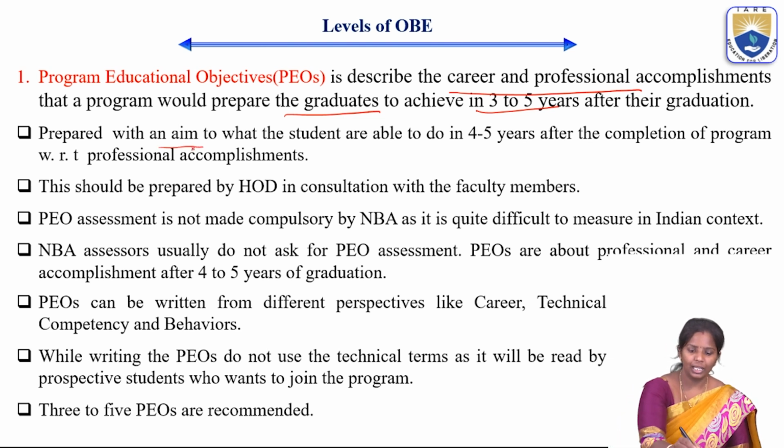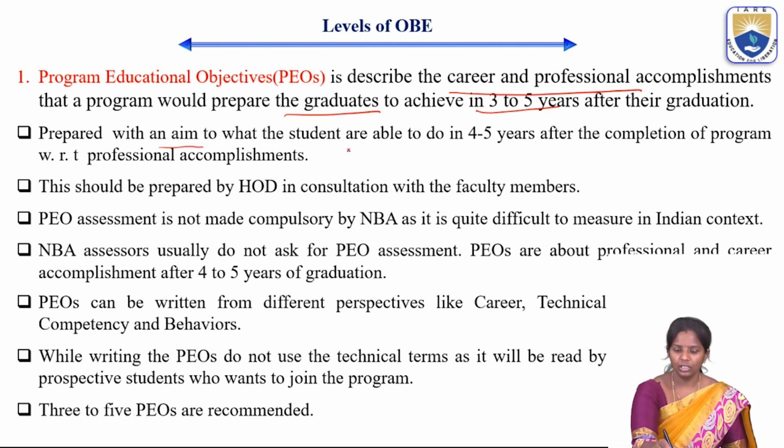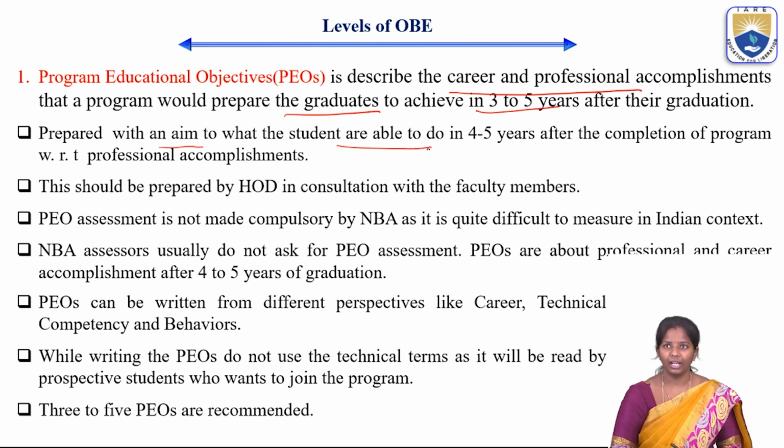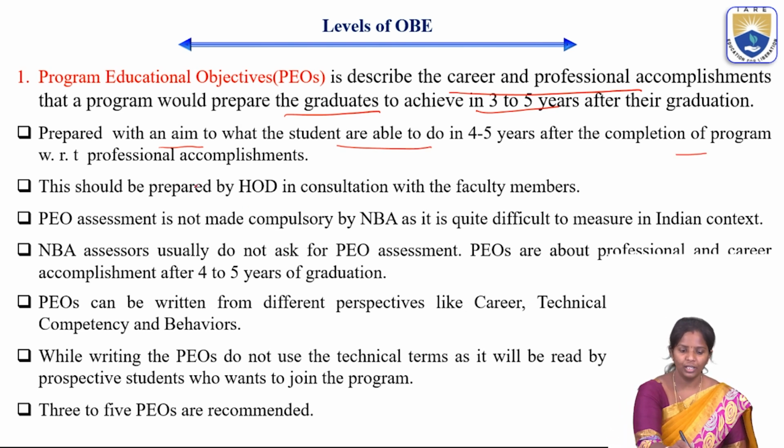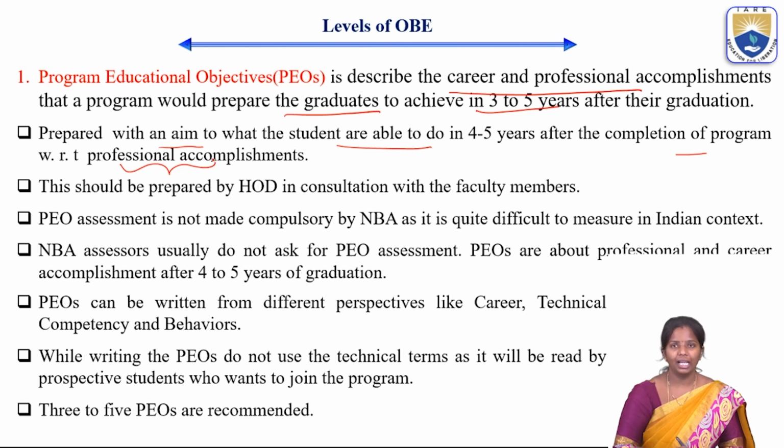So it is prepared with an aim of what students are able to do in 4 to 5 years after completion of the program with respect to professional accomplishments. So this is important because students will be trained to move on to their career with professional achievements.